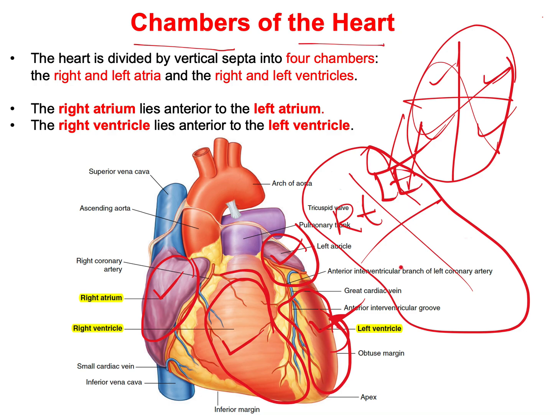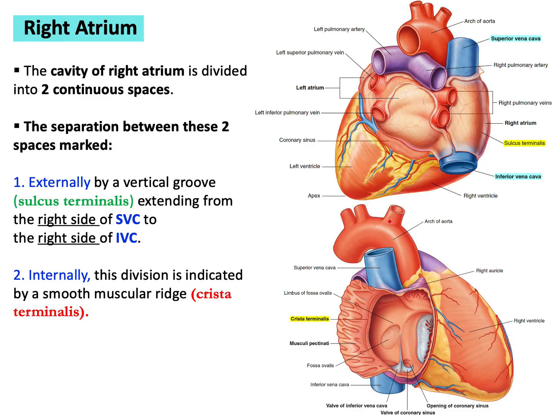And similarly, the right ventricle is anterior to the left ventricle. So let us start with the first chamber, which is known as the right atrium.